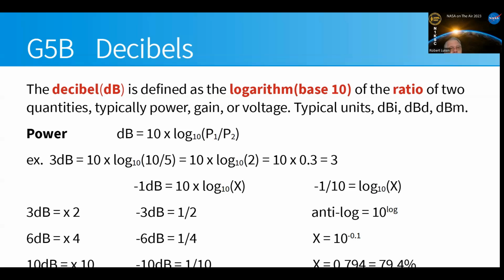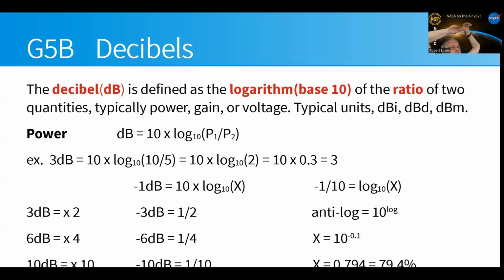The formula is 10 times the log base 10 of some number divided by some other number ratio, when we're talking about power. If we were talking about voltage or current ratios, it would be 20 times the log of those values.